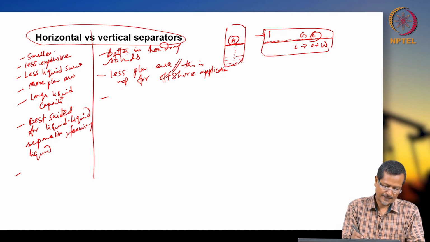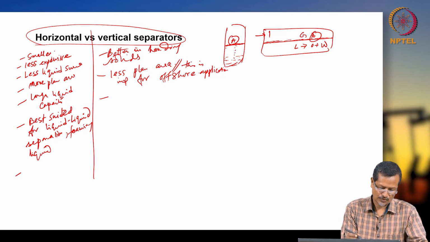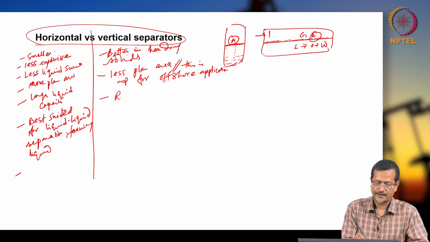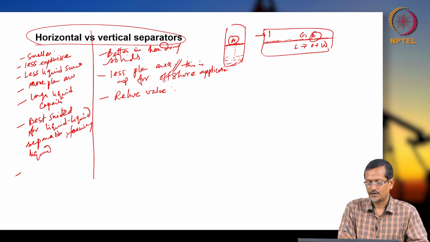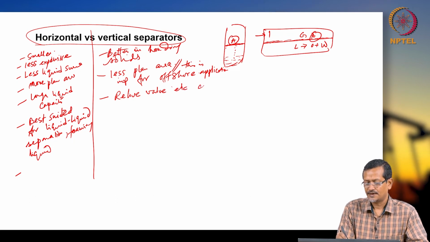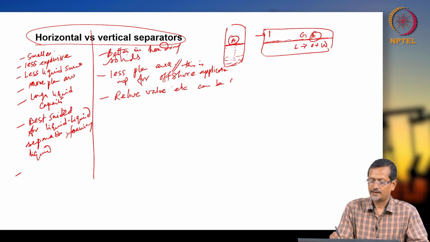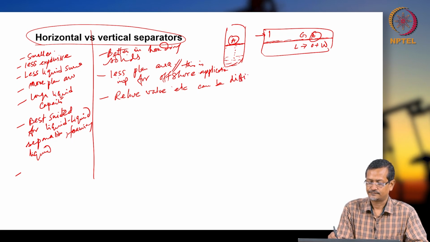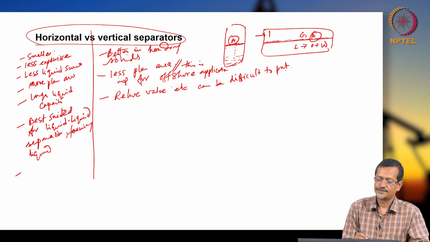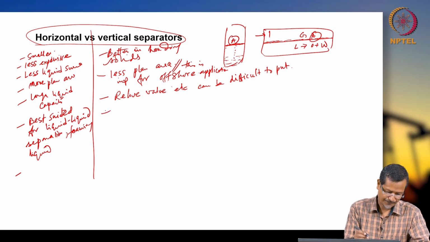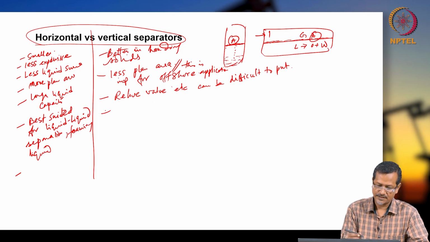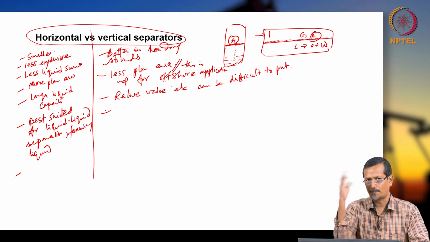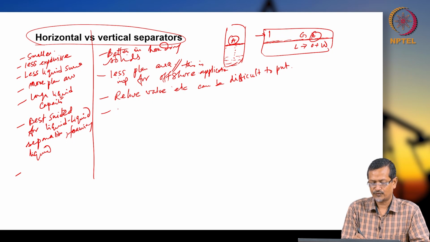And relief valve and some of the controls may be difficult to put, but anyway these are safety devices, so you have to put them anyway. The vessel may have to be removed from the skid because it is very tall, so it can be toppled. So, you have to remove it from the skid.